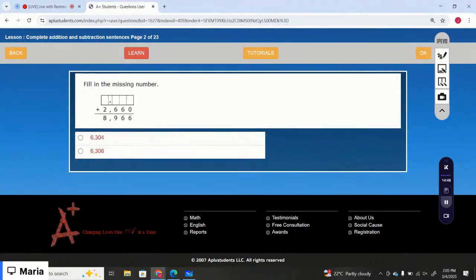Fill in the missing number. So the missing number plus 2,660 equals 8,966.